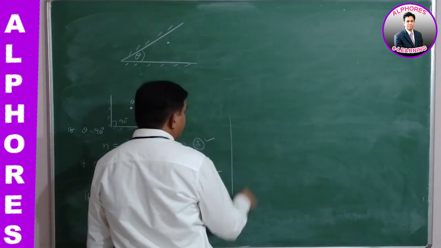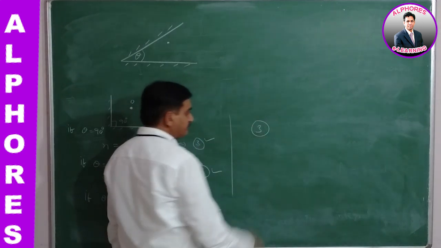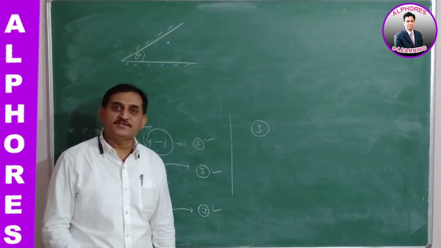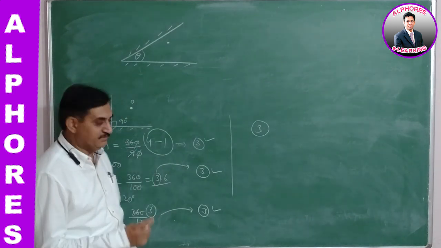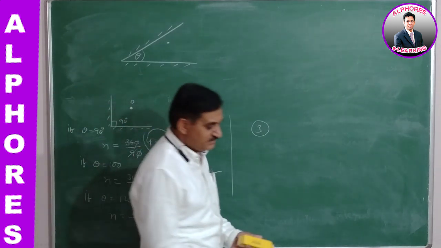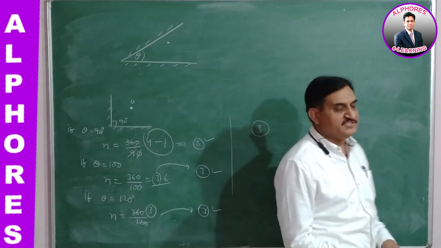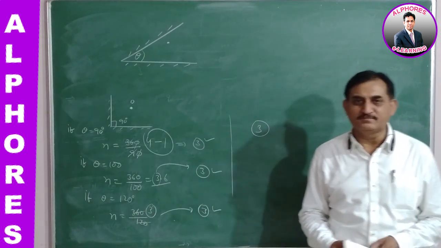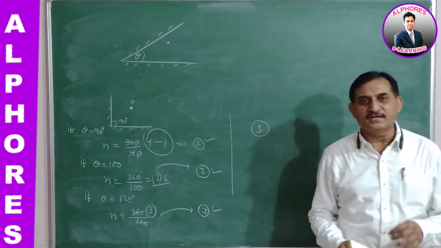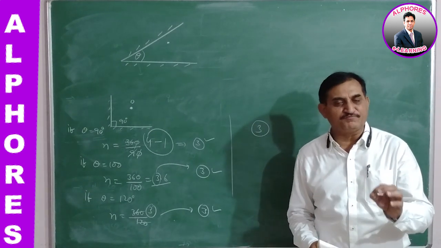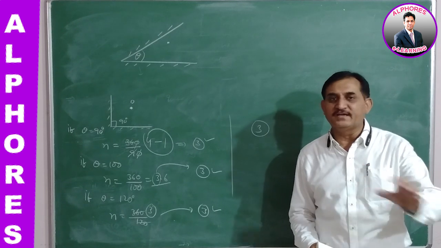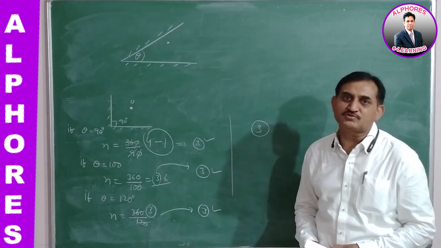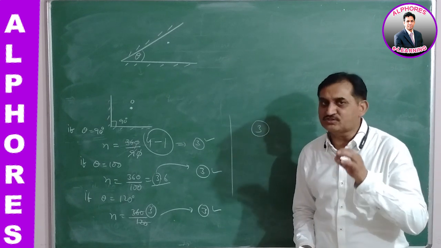Suppose the number of images formed by two plane mirrors is given as 3, can you decide what the angle between these two plane mirrors is? Not at all possible. We can't directly give a particular value for the angle between the two plane mirrors.